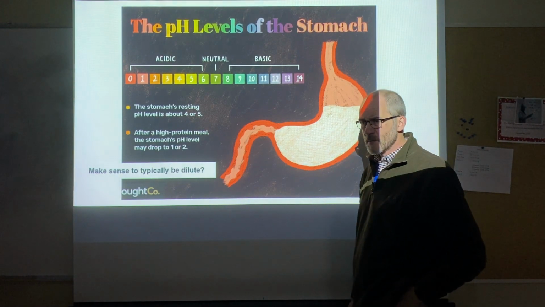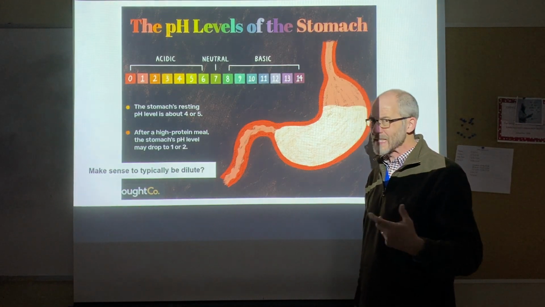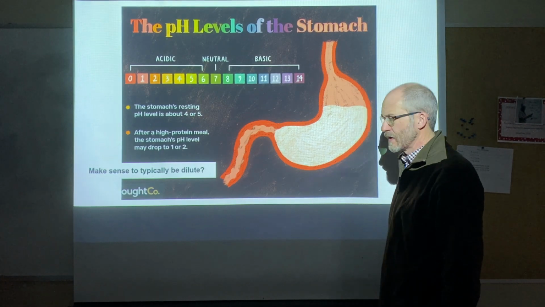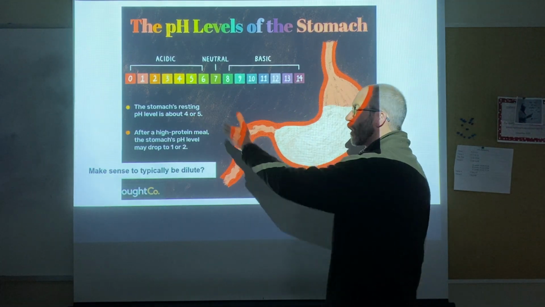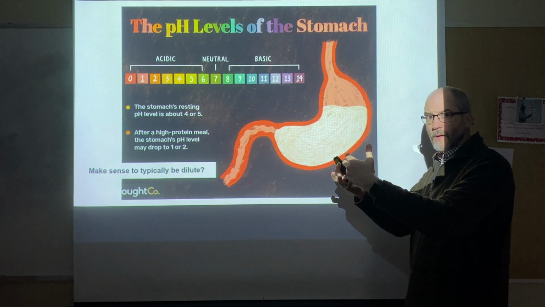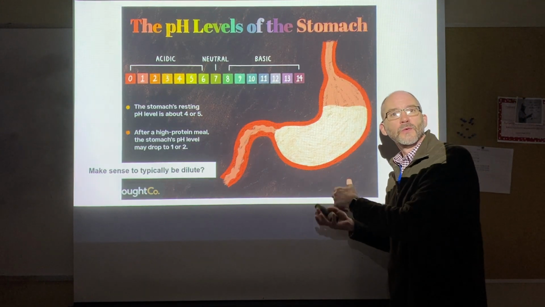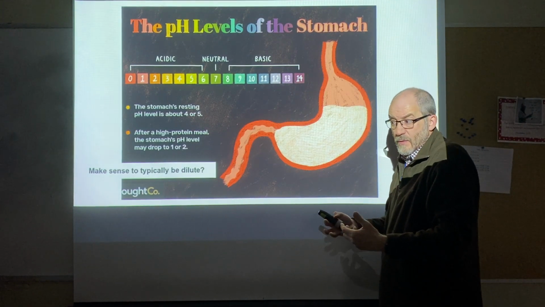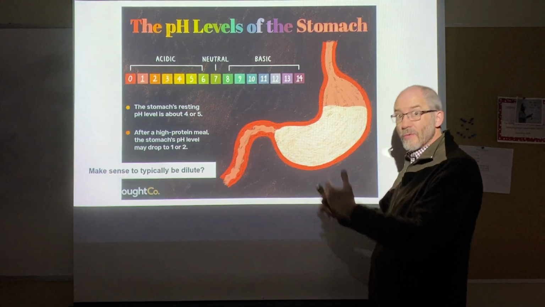Come on. Does it make any sense from a health perspective for your stomach to be that acidic when it's empty? And you're like, no, that doesn't make any sense. So when you're empty, the pH may go up to 4 or 5. It's still a strong acid. It's just more dilute. It's not as concentrated. You don't have as much of it per unit volume.